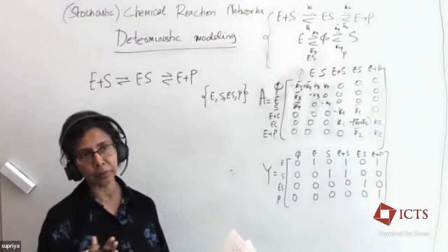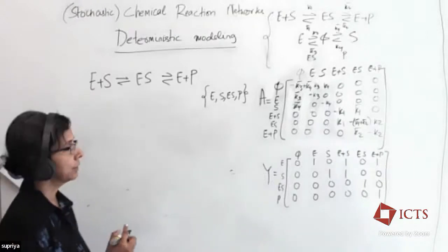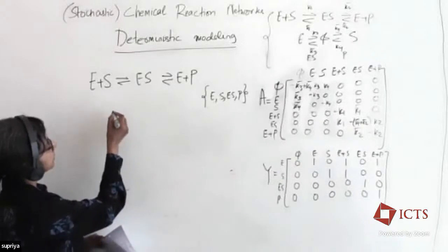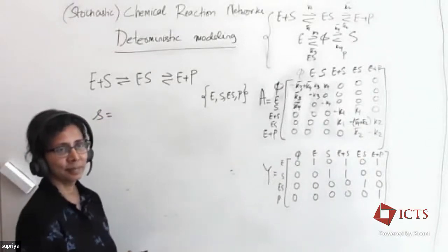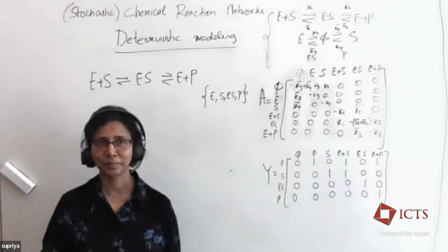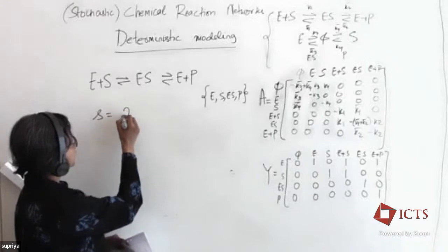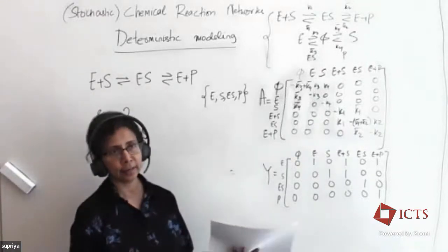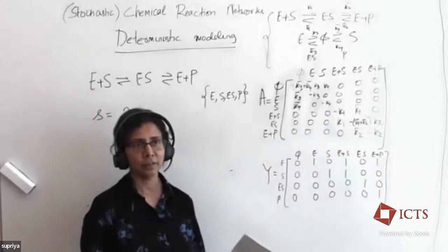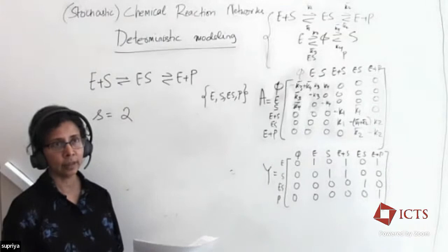Remember, the span is the number. So you don't have to tell me what the vectors are. What would the span be here? It would just be 2, right? Because this is one vector, that's one other vector. They are independent of each other. That's all that there is. So the span is 2.